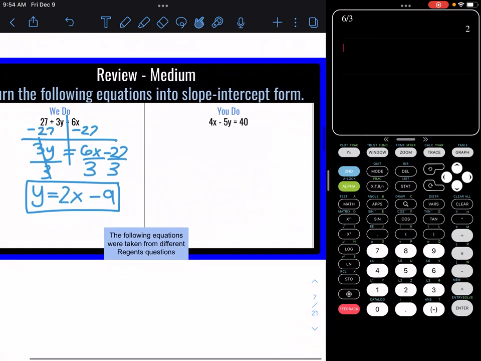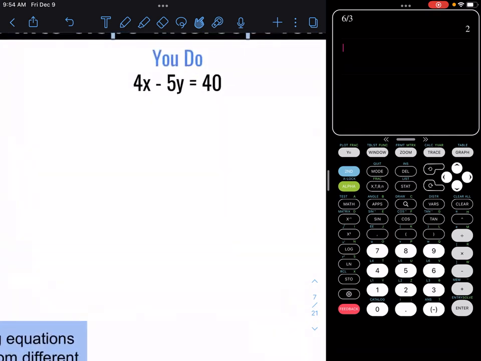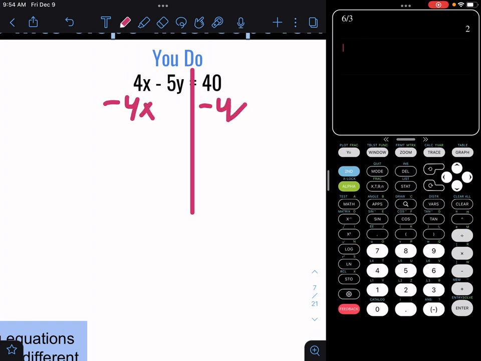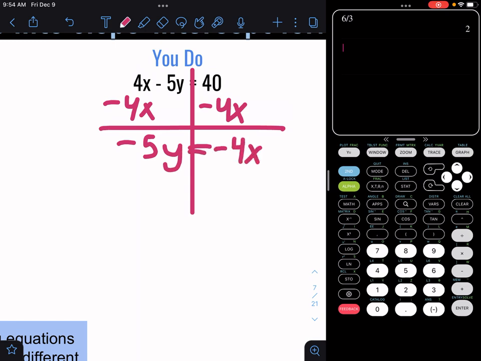Now you pause the video and try this one. Get the 5y to be the only thing there, so I'm going to subtract the 4x from both sides. It's a negative 5y. I can't do 40 minus 4x because they're not like terms, so I'm going to do negative 4x plus 40. And now divide out that negative 5.